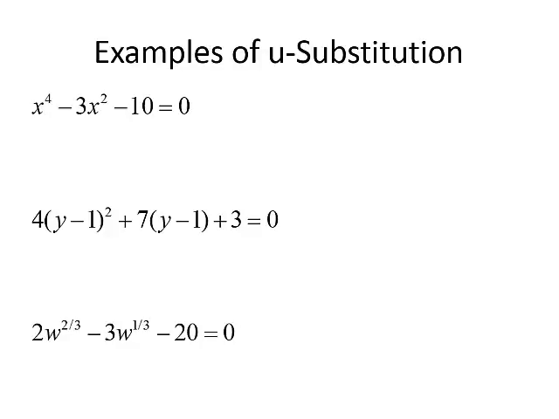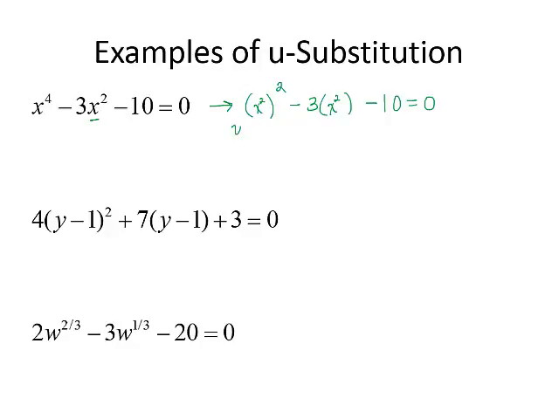I notice that I can write this as something squared minus 3 times something minus 10 equals 0. Well, the variable expression in the middle term has to be my something. That is, if I put that x squared in parentheses, notice that if I substitute it in the first, x squared squared is x to the fourth.